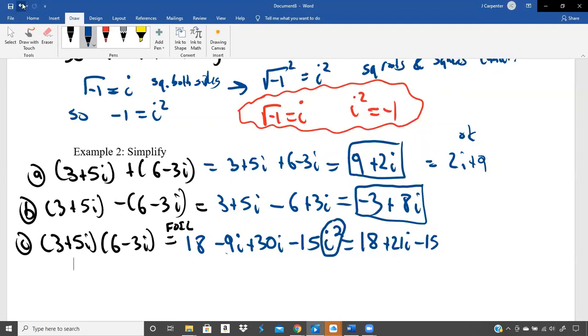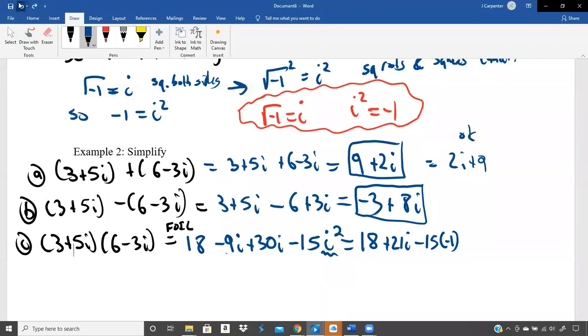And again, if you did, you might think that's the answer. You got a constant, an i, and an i squared. But we just said we never, ever, ever leave an i squared in an answer in this course. I squared we will always turn into negative 1. So that's what we have to do here. So this will be times negative 1. So this i squared is negative 1.